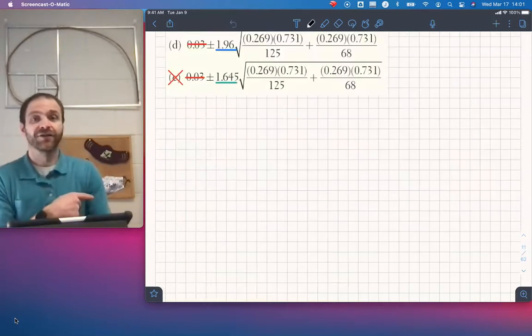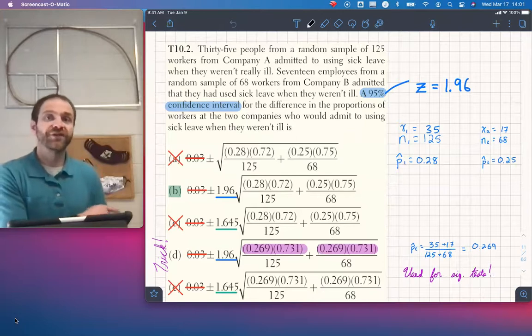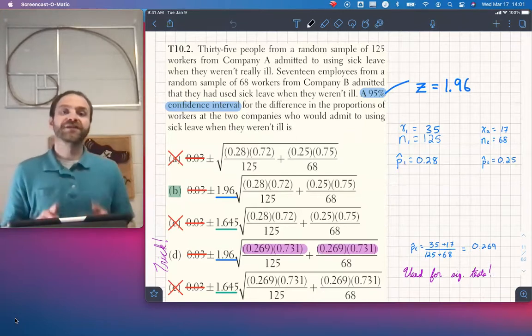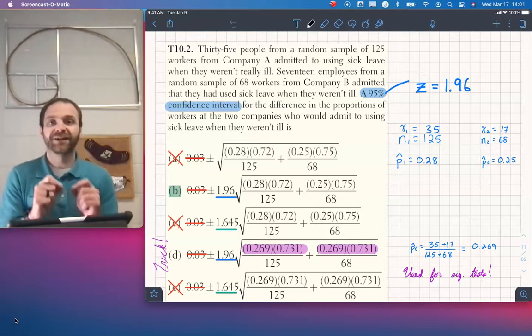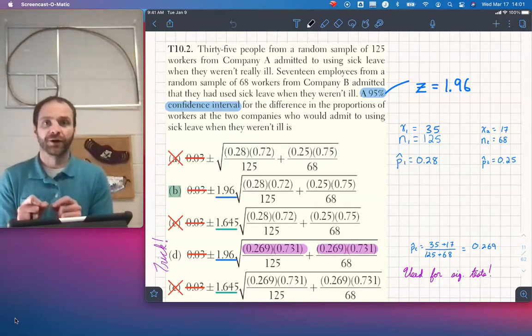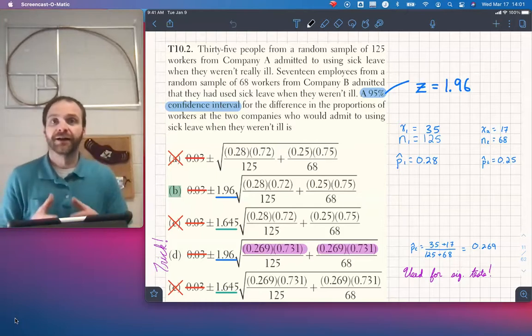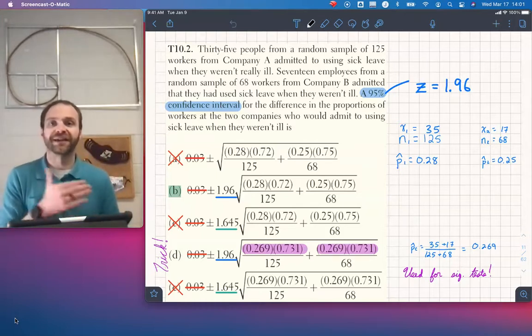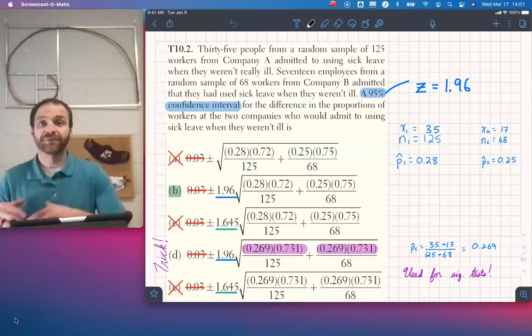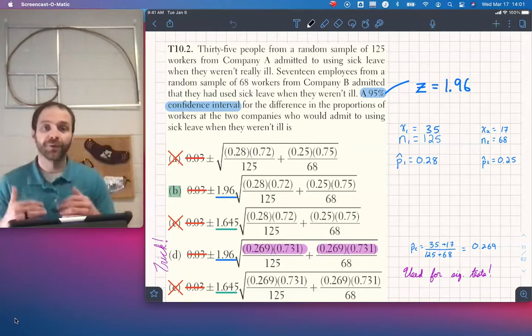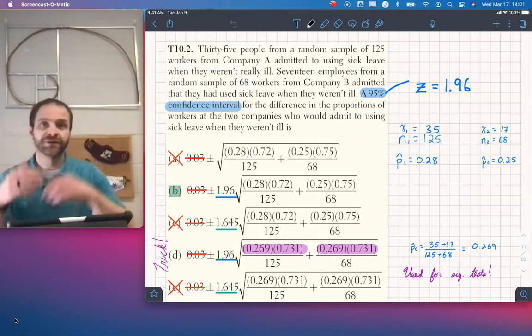D is the trick. People want to choose D, and the reason why is because D uses the combined proportion, p hat sub C, in the standard deviation. B uses p hat sub 1 times 1 minus p hat sub 1 over n1, plus p hat sub 2 times 1 minus p hat sub 2 over n2.